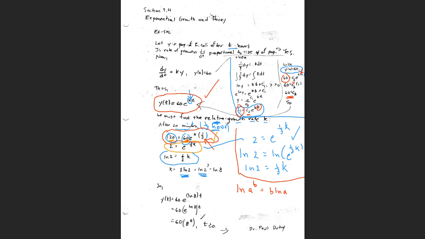So I can write 3 times the log of 2 as the log of 2 to the 3rd power, and that equals the natural log of 8. It's much better to use the natural log of 8, because now my relative growth rate, k, is the natural log of 8, and that's what I'm going to put in here for the k.